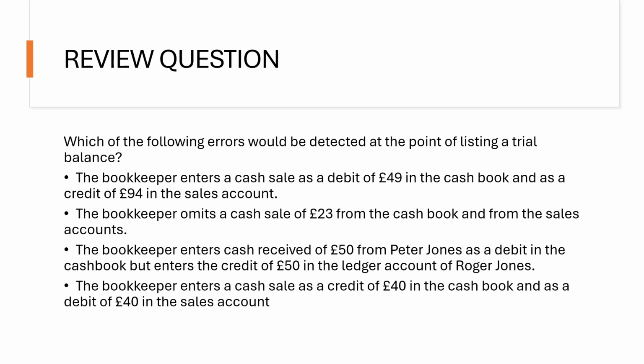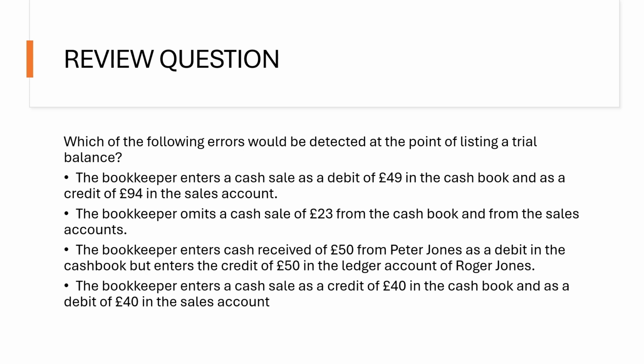The bookkeeper omits a cash sale of £23 from the cash book and from the sales account. 3. The bookkeeper enters cash received of £50 from Peter Jones as a debit in the cash book, but enters the credit of £50 in the ledger account of Roger Jones.